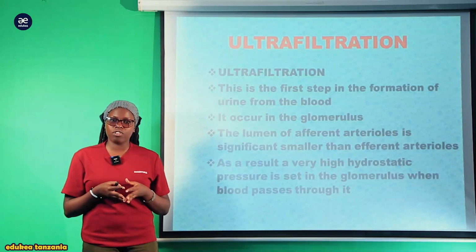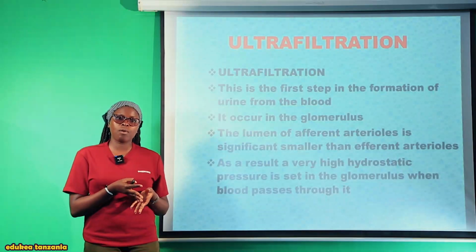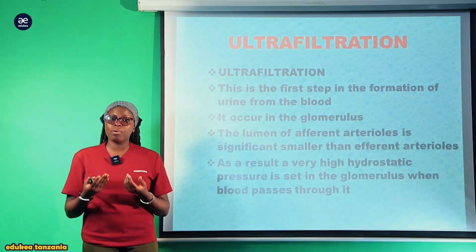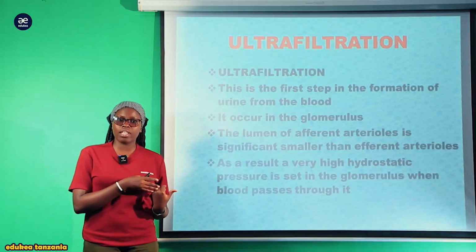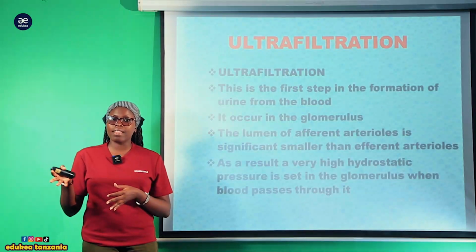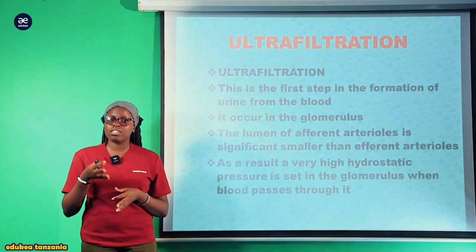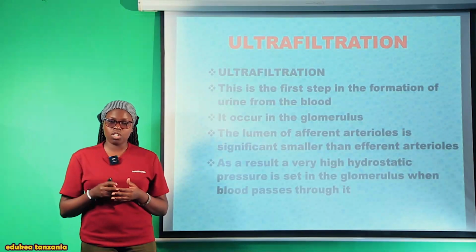During ultrafiltration there are some substances which are large, kwa mfano kama protein na amino acid, ambazo zitarudishwa back to the body. Lakini kuna other kama urea, excess water, kuna minerals zenyewe zitapita kwa ajili ya further reabsorption process.